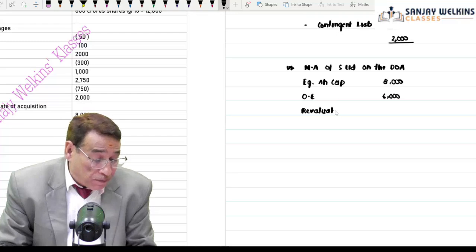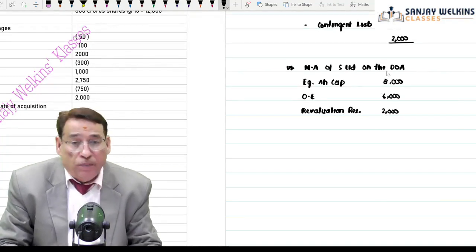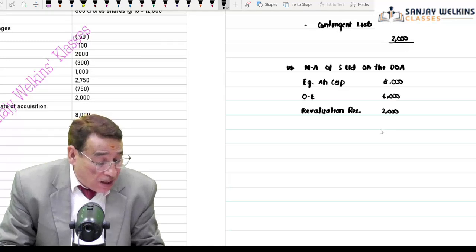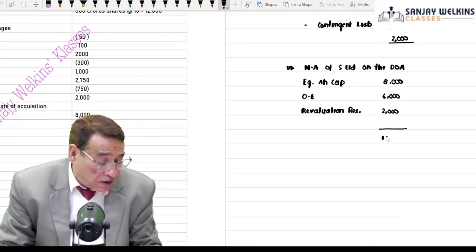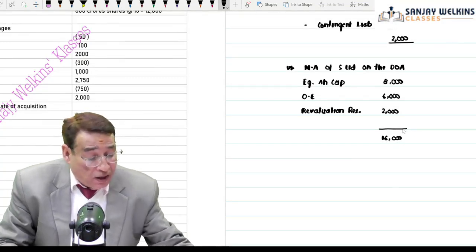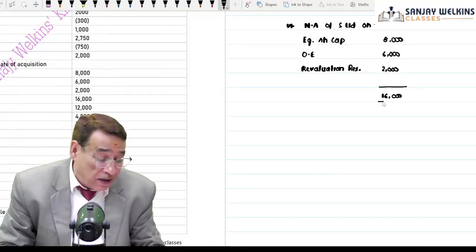So revaluation reserve is equal to 2,000. By adding all these, I will get net assets of S Limited on the date of acquisition. That comes to 16,000. Correct? 8 plus 6, 14 plus 2, 16,000. So total net assets is equal to 16,000.